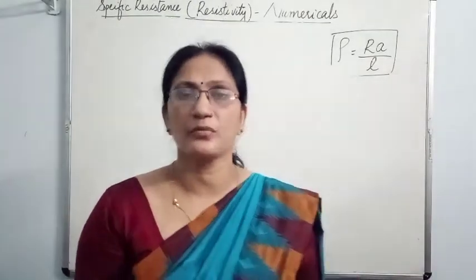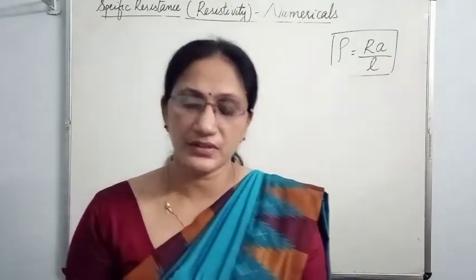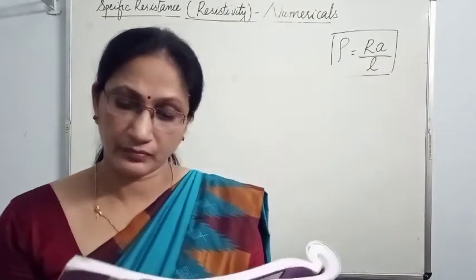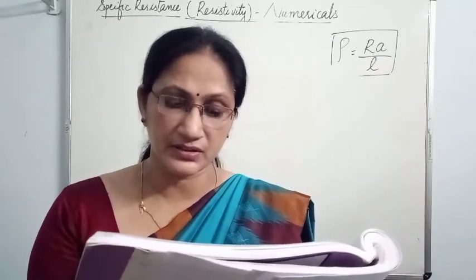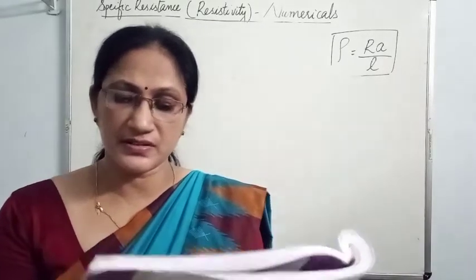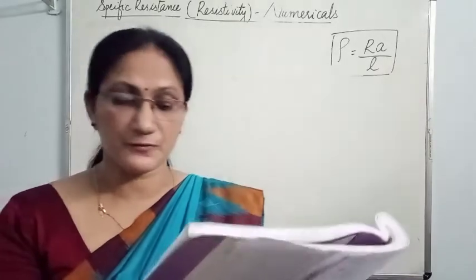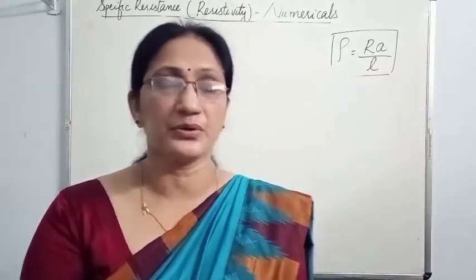Now listen some more numericals from page number 171. Question number 2. A metallic wire of radius 3 millimeter and length 0.314 meter and resistance 2 into 10 to the power minus 4 ohm, and its resistivity you have to find out.